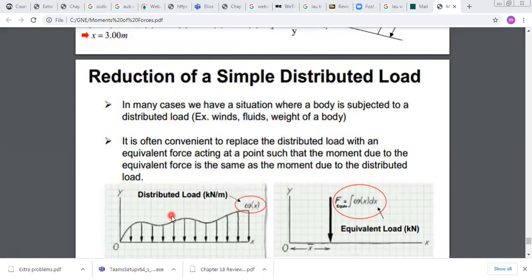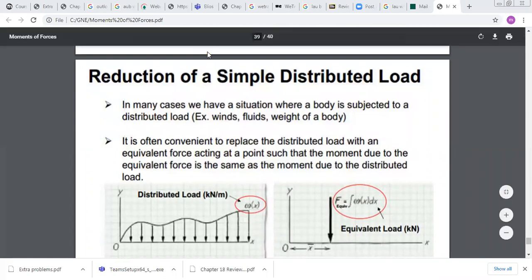Now, here we should pay attention that our distributed load is not constant, it's variable. So if we want to find the total force acting on this line, what should we do? In general, we can divide the force here into several small forces, infinite forces.